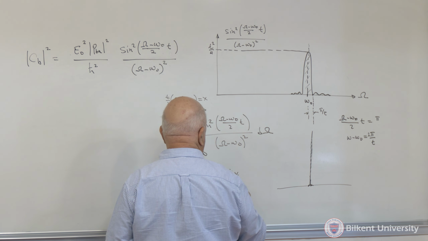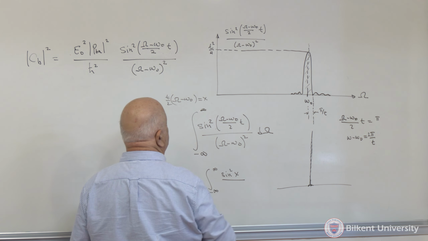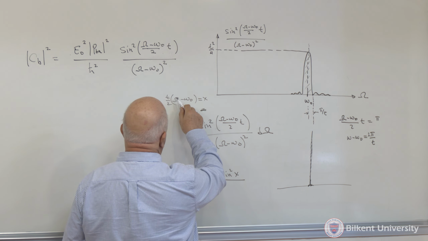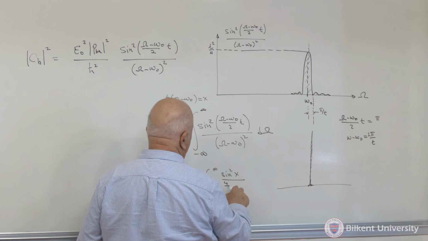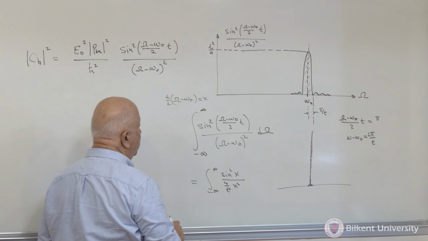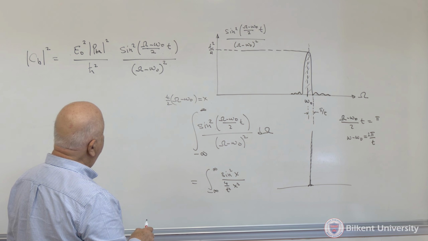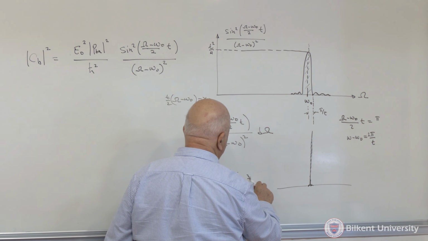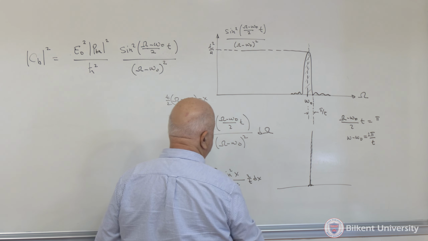So I have that, and then for the denominator, I'm going to put 4 over t squared times x squared. And for d omega, I am going to put 2 over t times dx.